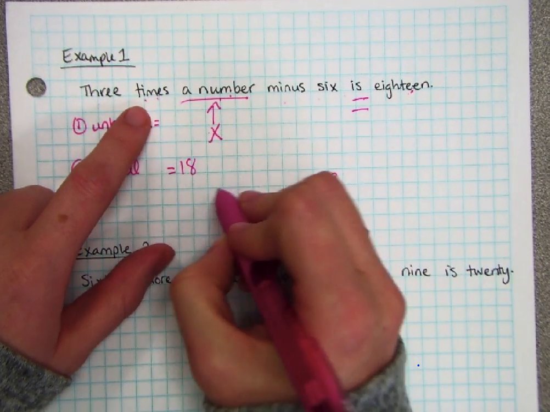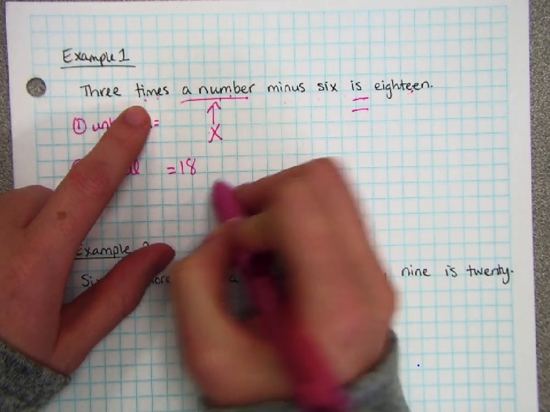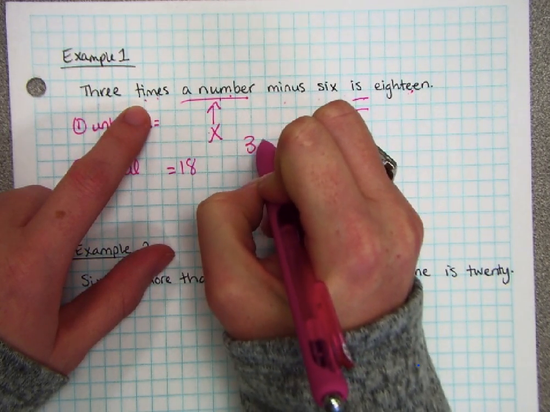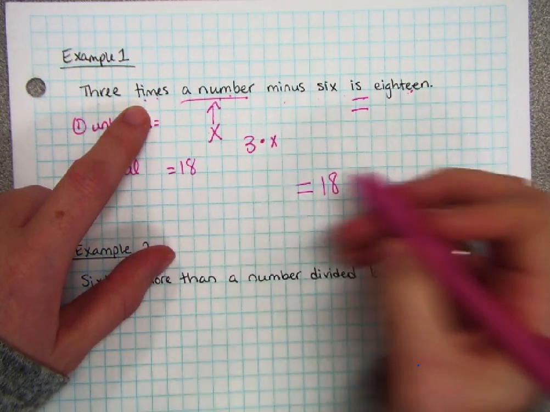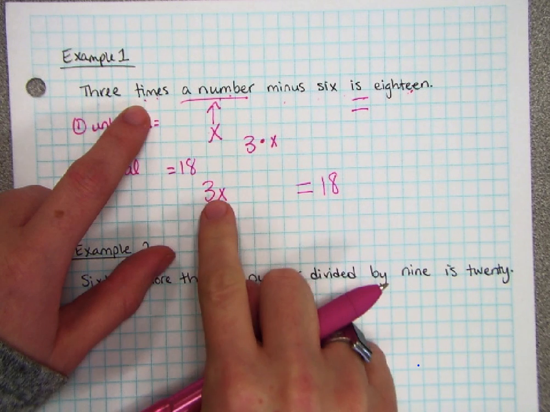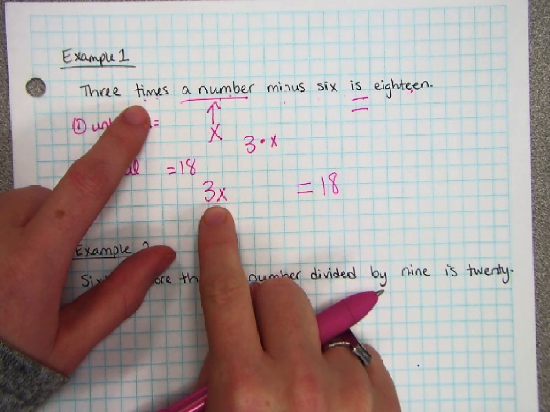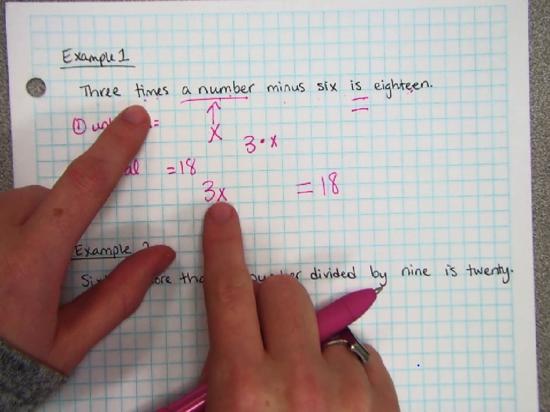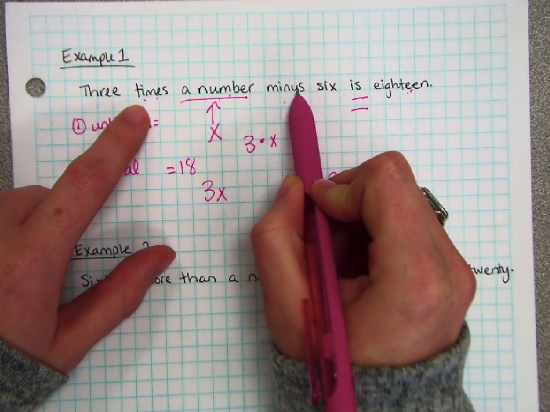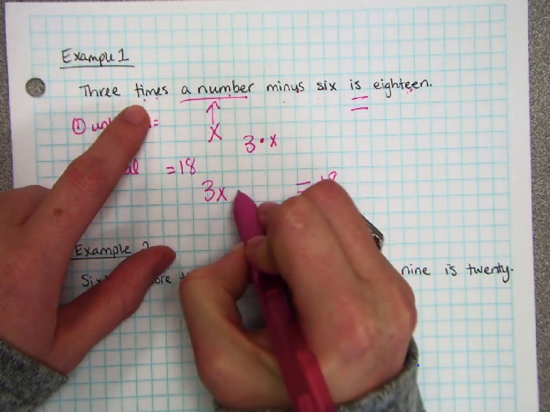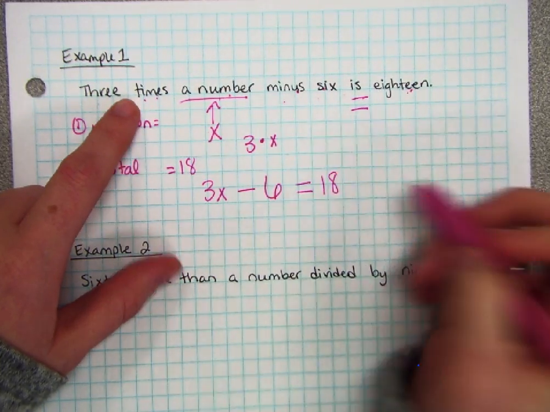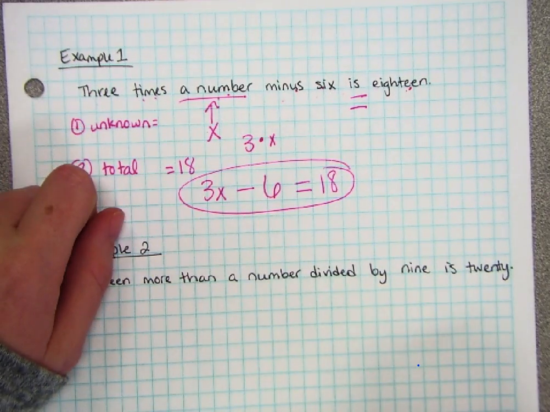How do we write that in an equation? I could write 3 times x, but that's not how we see it. Remember, we see multiplication in equations as a variable and a constant beside each other. So 3 times x is 3x. And then we have minus 6. Well, I know that means subtract 6. So there's my equation. Okay?